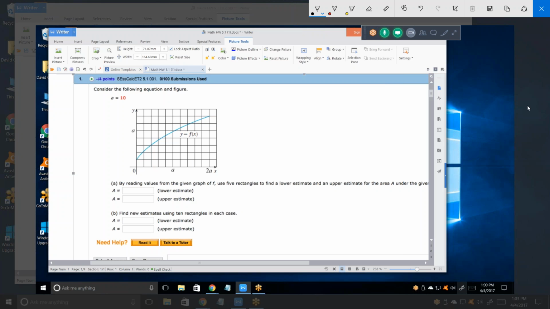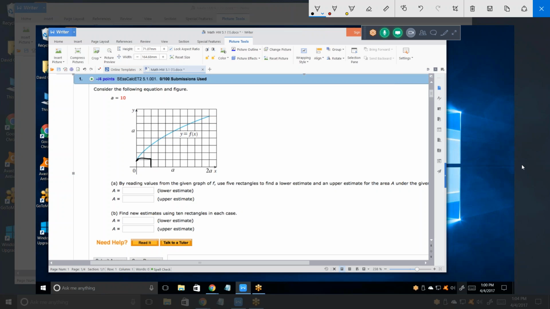Maybe I can get away without using my other drawing tablet. One way to do it would be if I started with rectangles whose upper left corner intersected with the graph, like that. They want 5 rectangles.